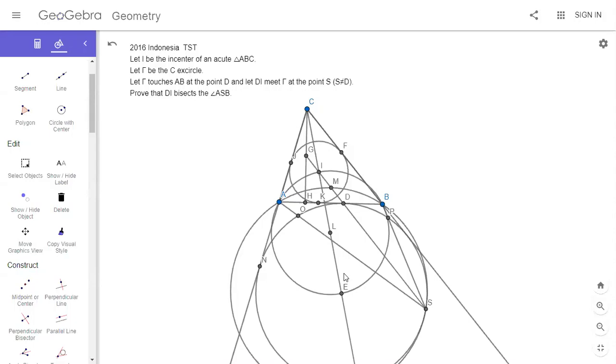So let's think about this. How would we show those circles are tangent? Oh, it's a hard problem. All right, maybe let's see if we can find a different way to do this.